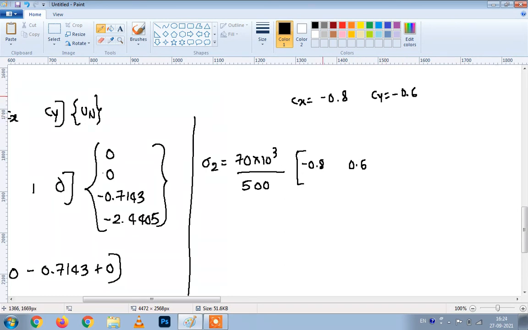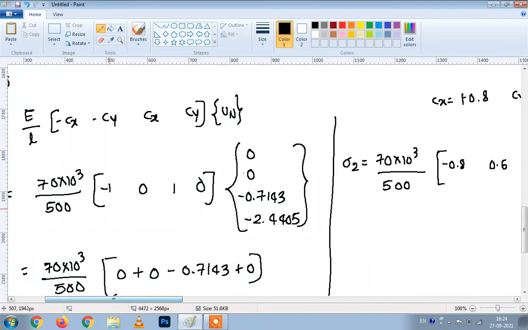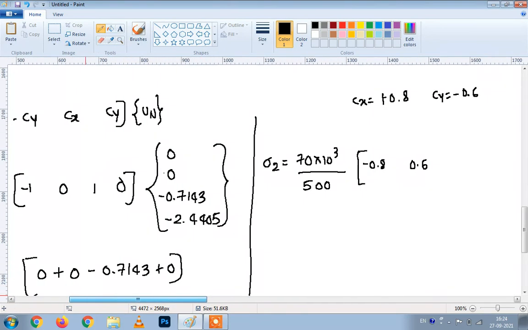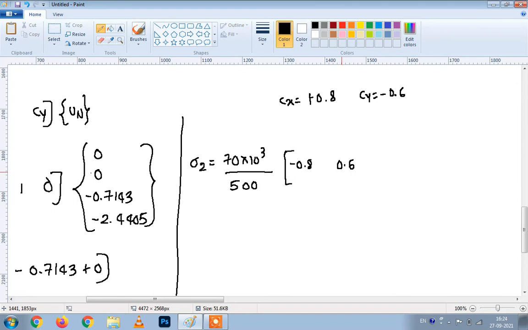As here we are having the minus sign, minus Cx, minus Cy, so minus minus becomes plus, and we are getting here 0.6. Now here again 0.8, minus 0.6.